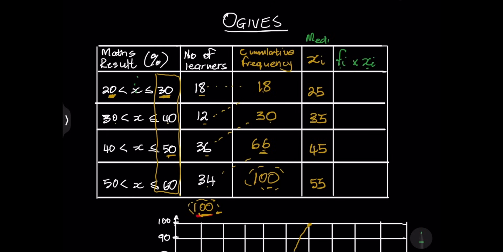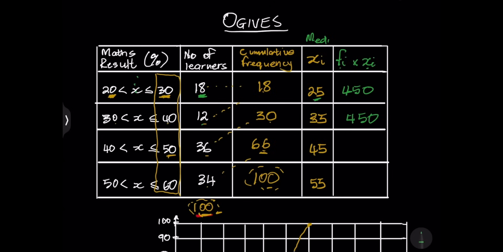So in this particular case, you're going to say 18 multiplied by 25. So 18 times 25, I get 450. And here I've got 12 multiplied by 35. So 12 times 35, well, coincidentally, that is also 450.